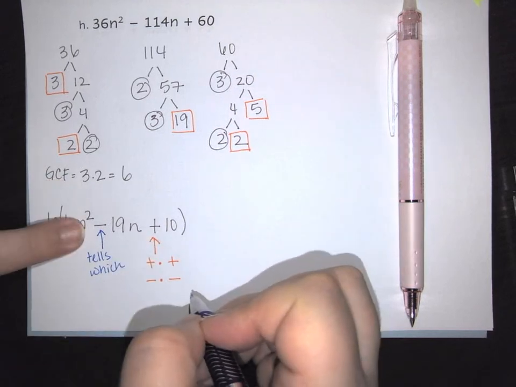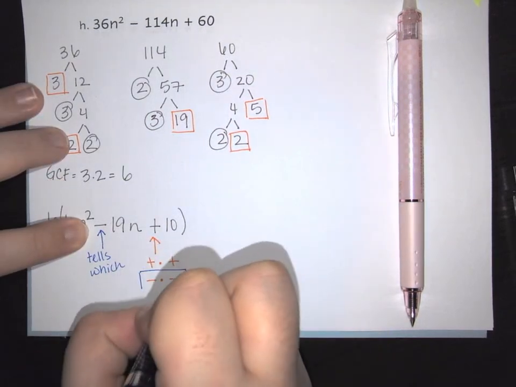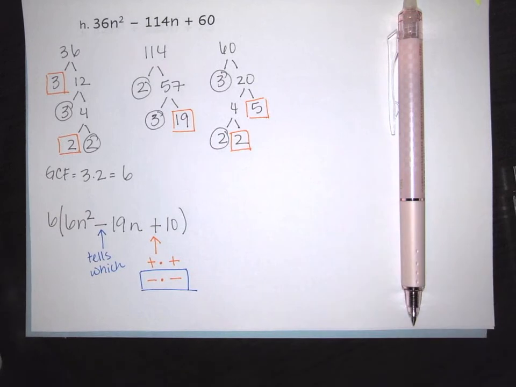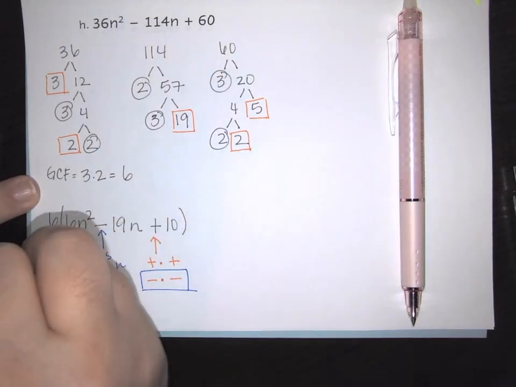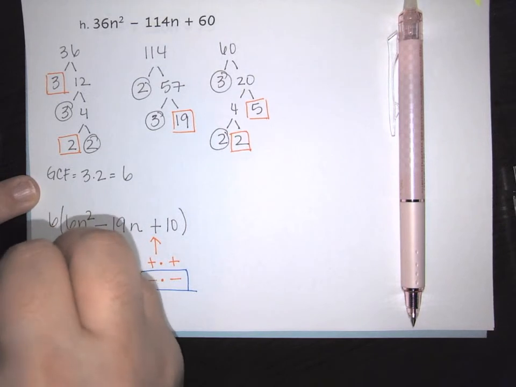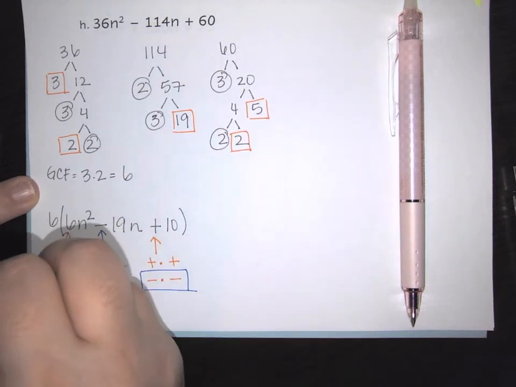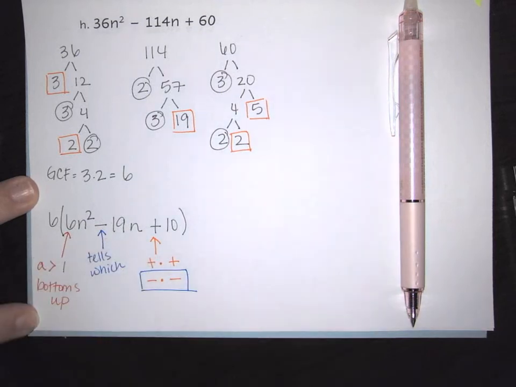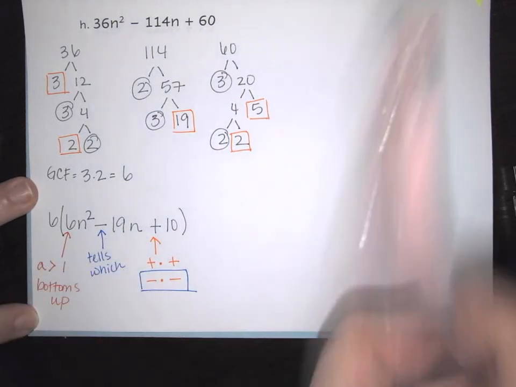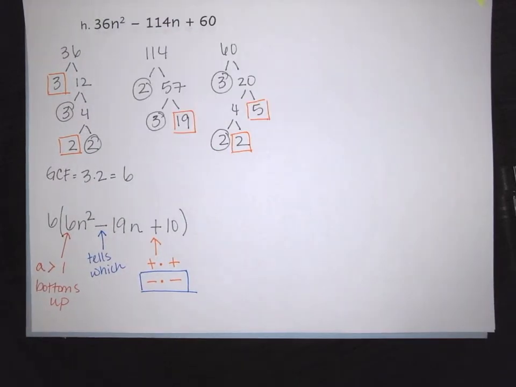My middle term is negative, so we have to look at negative, negative. And then my front term says that a is greater than 1, so I would recommend using bottoms up.